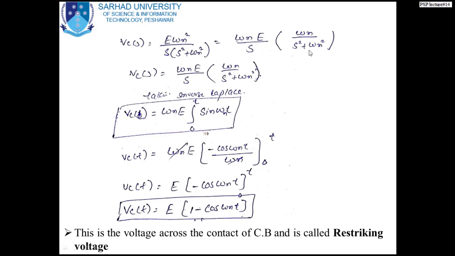Now you can take the inverse Laplace very easily, because if you see the Laplace table, this omega n divided by s square plus omega n square represents, of course, the Laplace transform of the sine function. You will find omega divided by s square plus omega square.